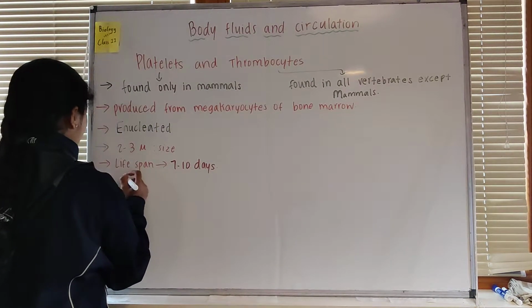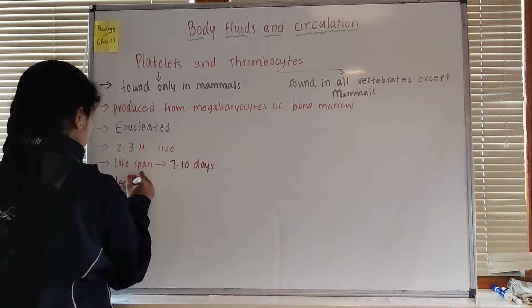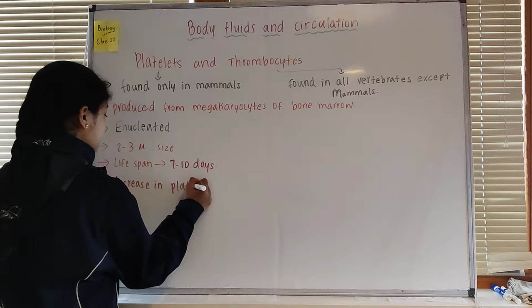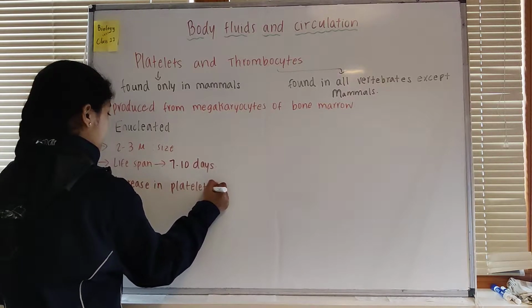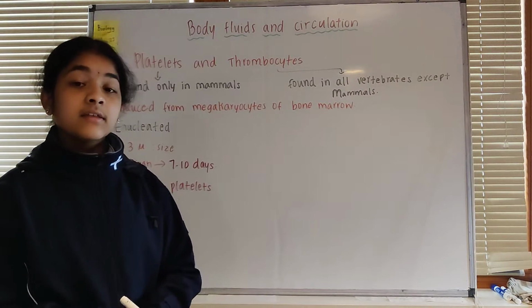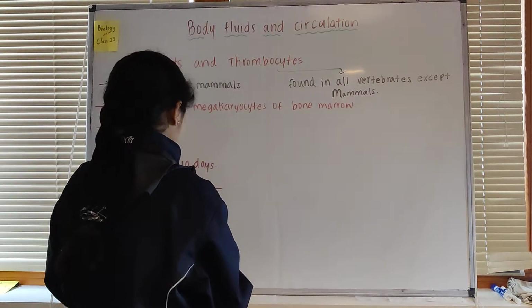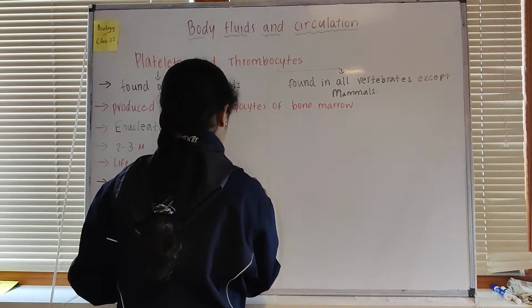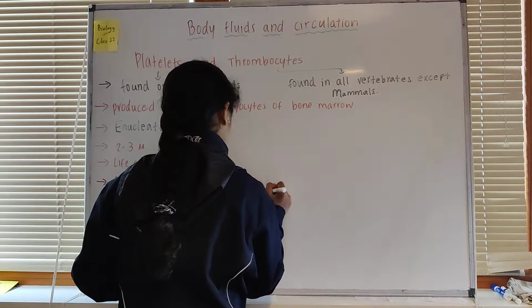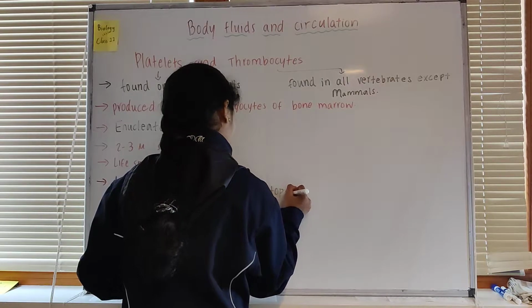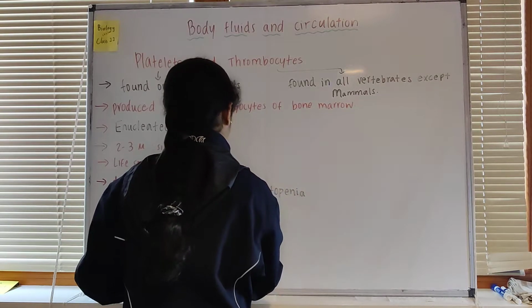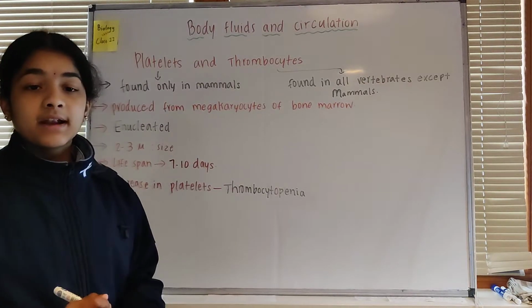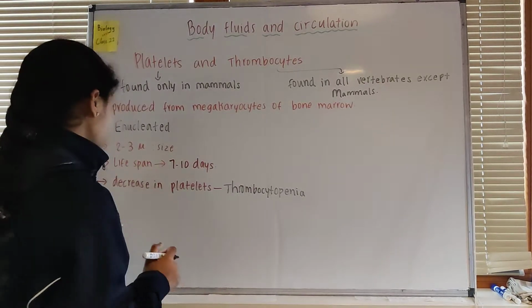Now, a decrease in the number of platelets is known as the condition thrombocytopenia. This is the condition where the platelet number is less.